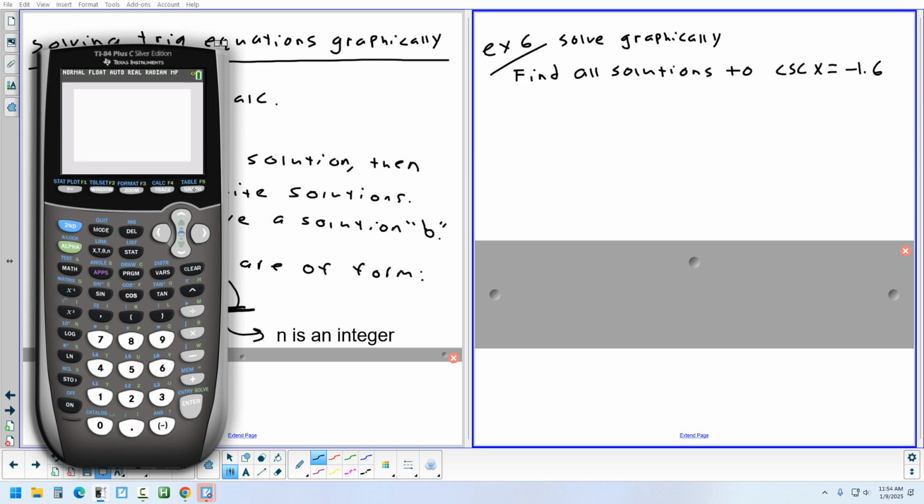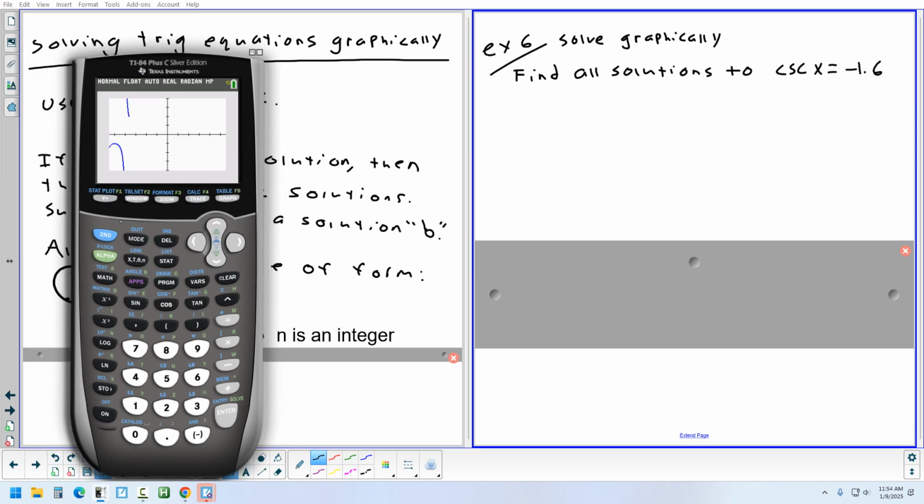Now we hit graph. Now the problem with the graph I'm going to have right here is I'm zoomed out pretty far. Because I'm zoomed out so far, you're going to see lots of solutions. If we had zoomed in, it would have made it easier to focus on the 2 solutions that we really need.